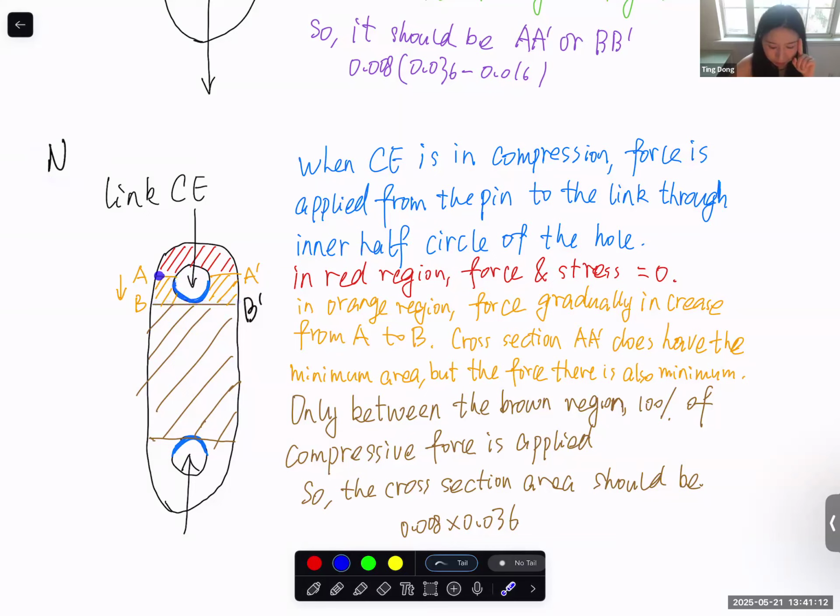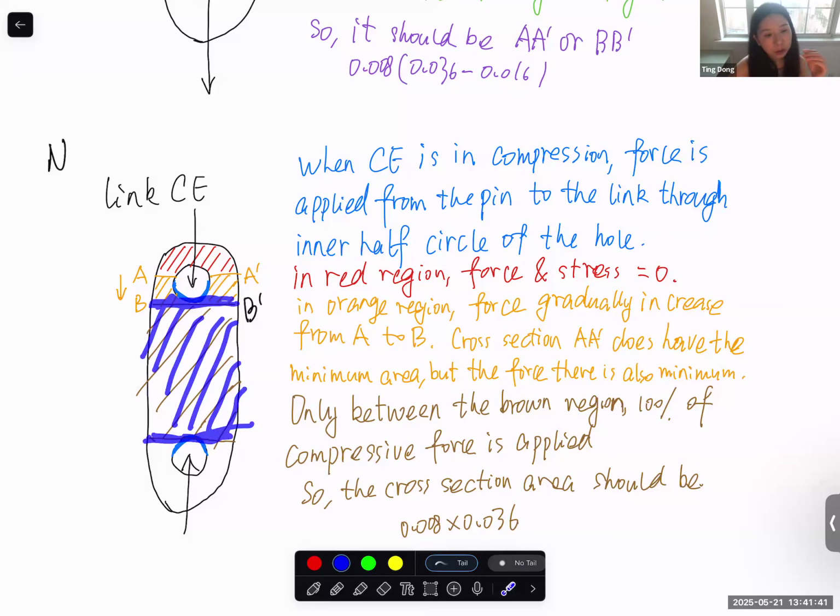So even though you say this is the minimum area, the force here is almost close to zero, because this is the starting point where you start contact. So the 100% normal force is applied starting from the bottom point of the fastener hole, between BB prime and the symmetric part at the bottom.